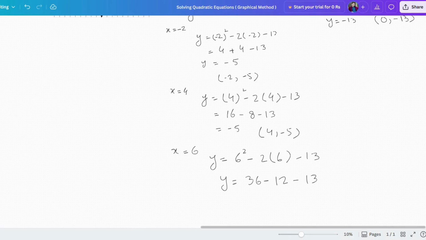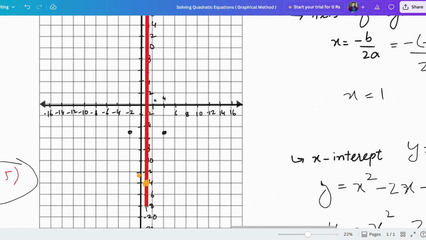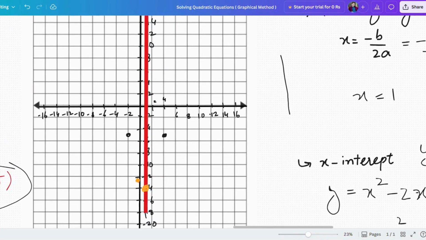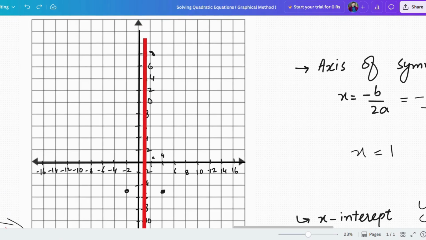If I solve it further, 36 minus 12 is equivalent to 24, and 24 minus 13 is equivalent to 11. So y is equivalent to 11. The point that I've got is x is 6 and y is 11. That's a point somewhere at this place, okay? This is where the point should be.